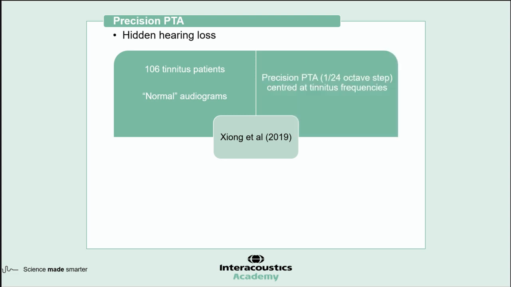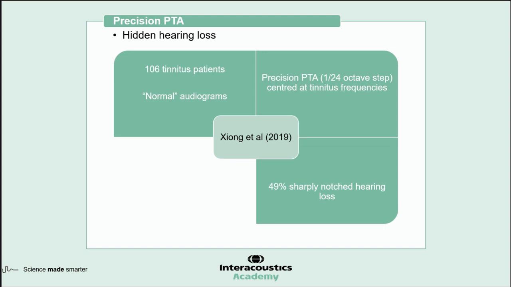But what they did is perform this precision PTA centered at the individual's tinnitus frequency. So they worked out where their tinnitus was present and did a very fine-tuned pure tone audiogram around there. They found that 49% actually had a very sharply notched hearing loss that wasn't otherwise apparent by just testing the standard audiometric frequencies.